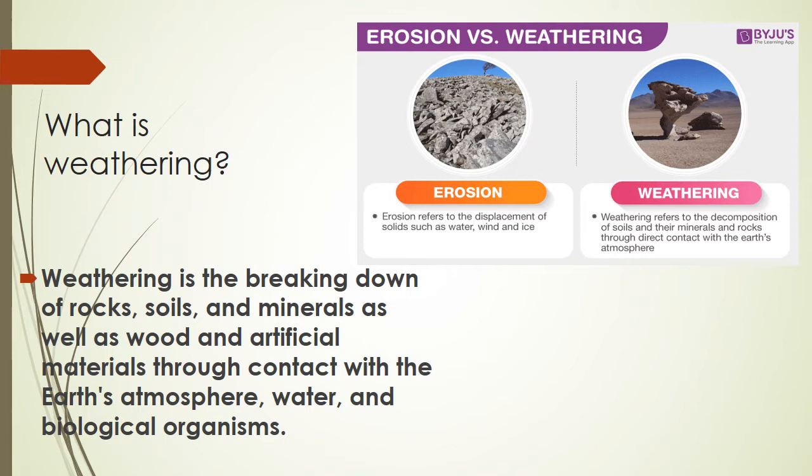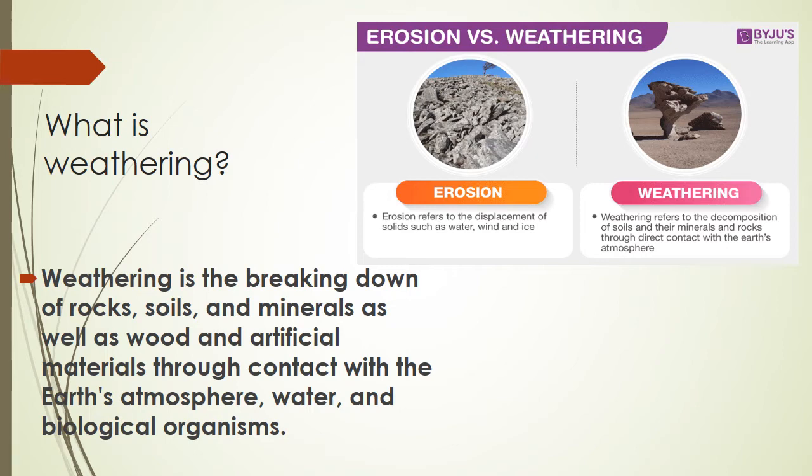Weathering refers to the decomposition of soils, their materials and rocks through direct contact with the earth's surface or atmosphere. Whenever the rock or the soil breaks down and gets decomposed because of the earth's atmosphere, this process is called weathering.